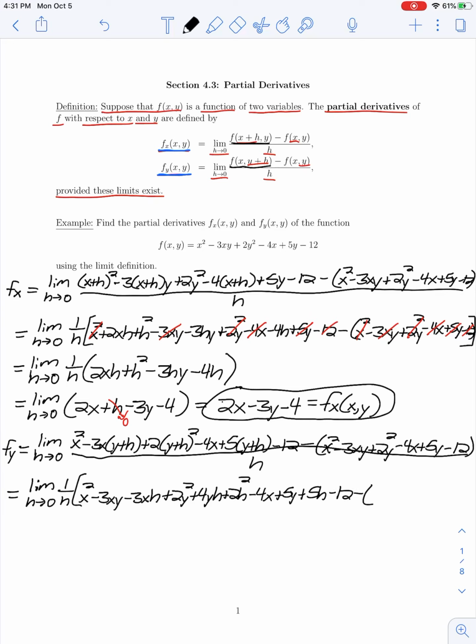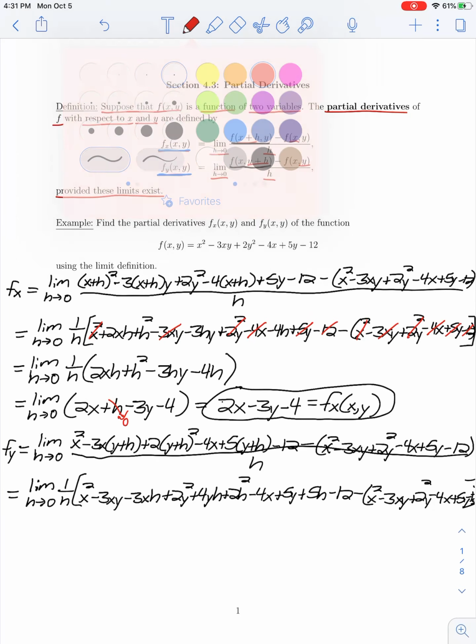And then we are still subtracting the quantity f of x, y, which was again x squared minus 3xy plus 2y squared minus 4x plus 5y minus 12.